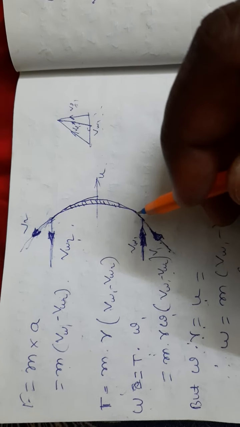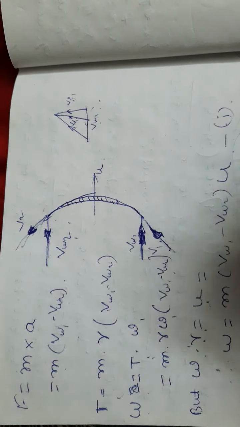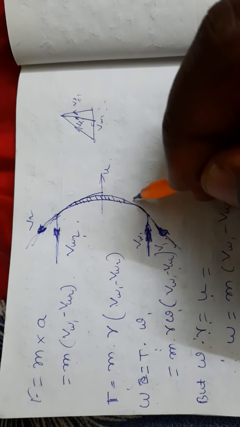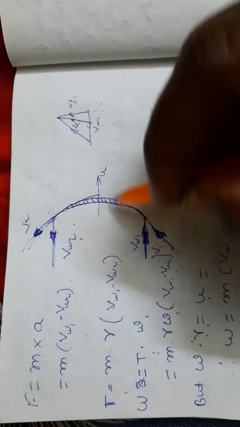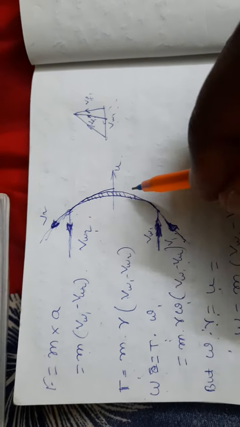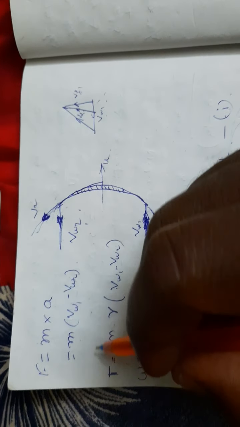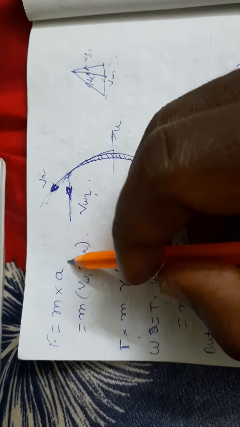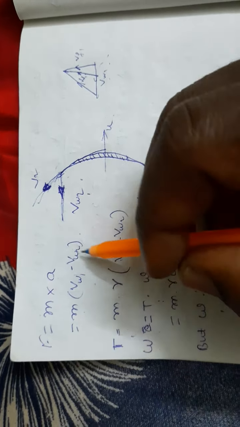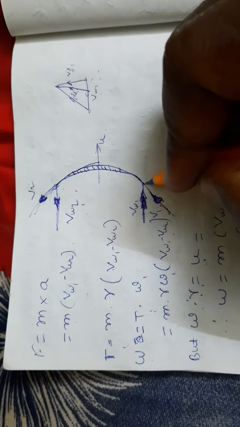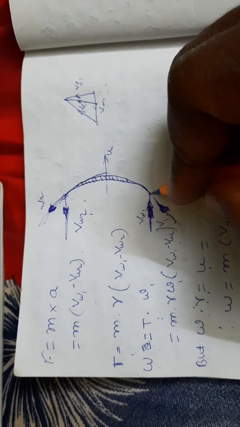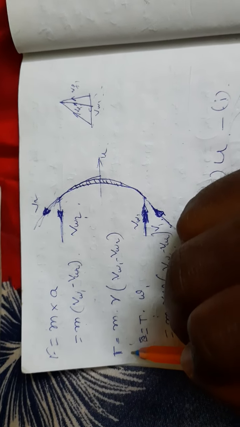For a moving blade, we have to consider the blade velocity. The tangential force is mass into acceleration, where the acceleration is the change in the wheel velocity at inlet and outlet. Next, torque.